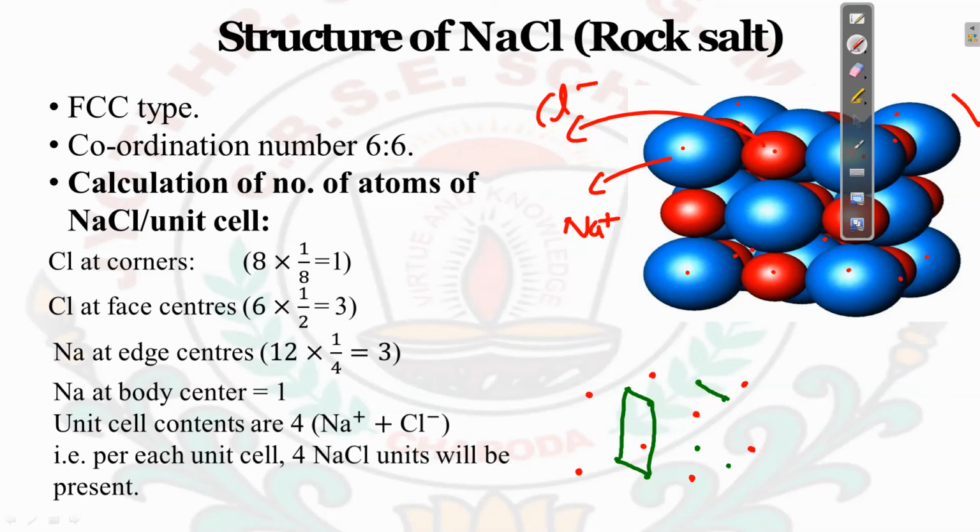This green cube is for the chlorine ions, and for the red one, this cube is for Na plus.